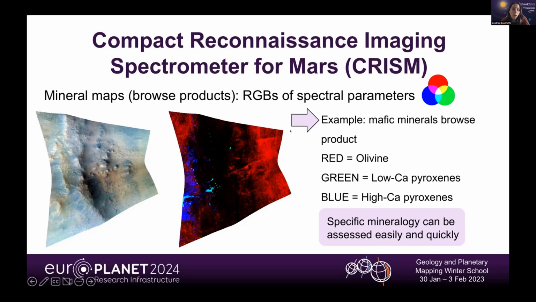So for example, I'm showing you here the mafic RGB that gives you information about mafic mineralogy. So in the red channel, we have information about olivine. In the green, we have information about low calcium pyroxene. And in the blue, you have information about high calcium pyroxene. So these maps are very useful to assess the mineralogy of a certain area quite easily and quickly.